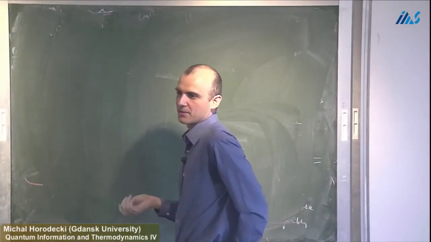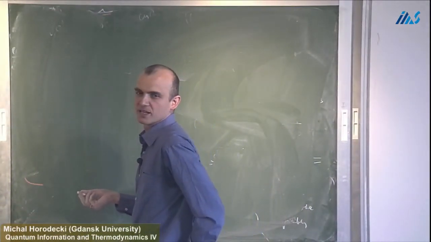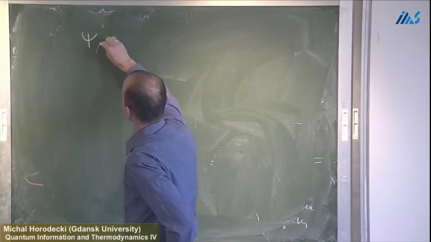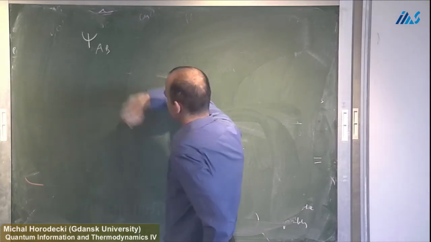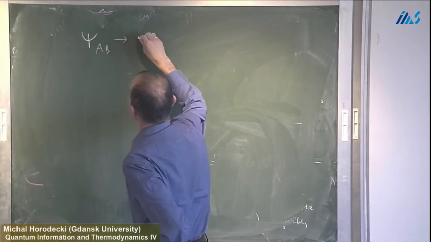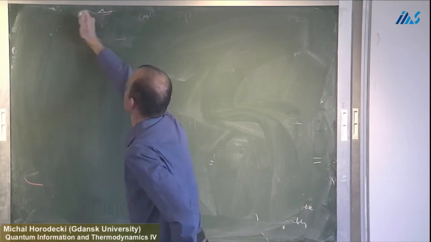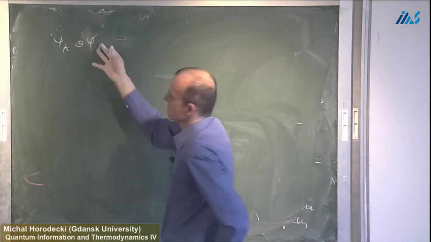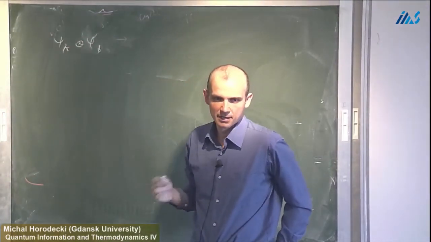Namely, in entanglement theory, you know there is the phenomenon of embezzling: you have nothing, just some product state which has no entanglement.